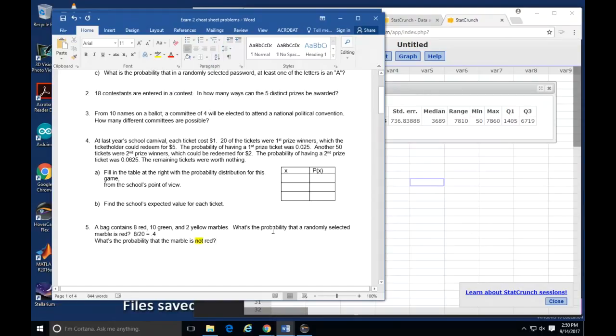That's the important part of this. To get the probability for the complement, we could just take the probability for our original event and subtract that from 1. So we could take 1 minus 0.4, and that would give us the probability for this one. So the probability that it is red is 0.4. The probability that it's not red is 0.6.